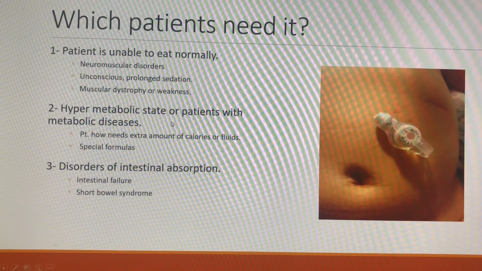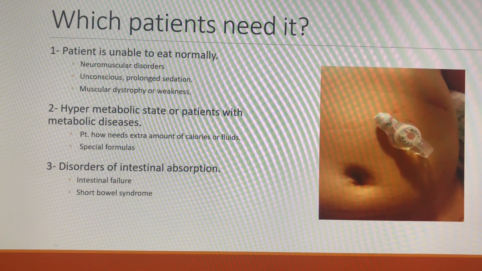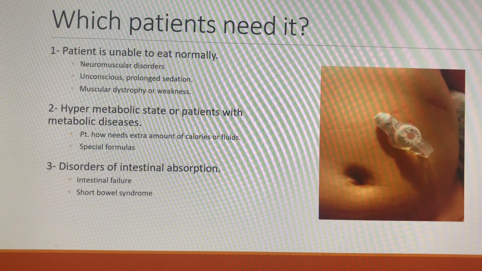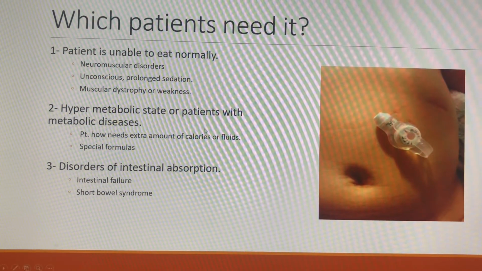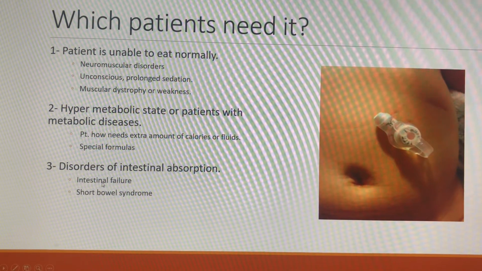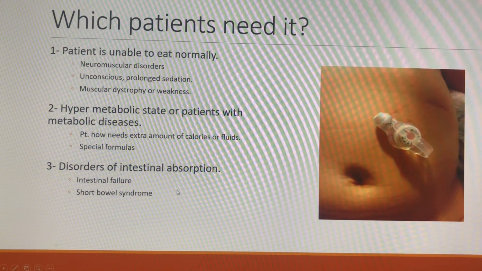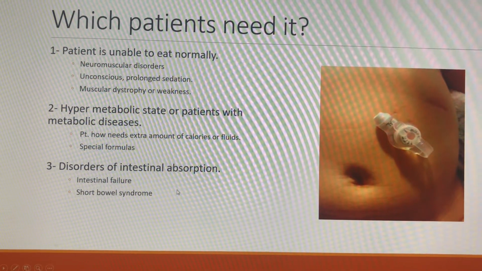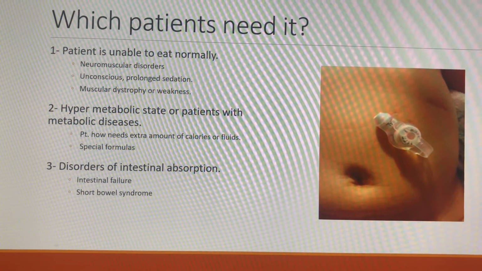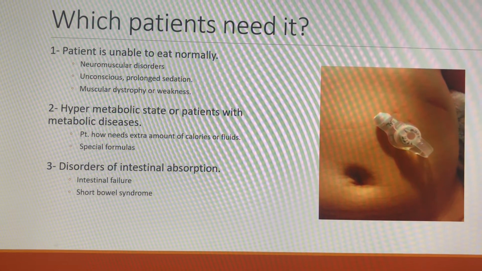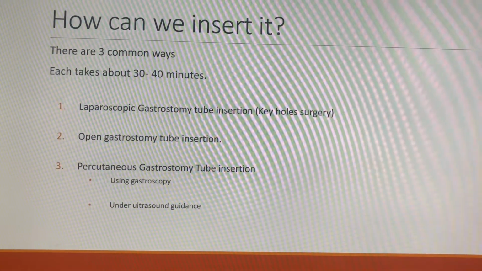Those patients may require special formulas or extra amounts of calories and fluids that they cannot keep up with by normal oral intake. The third category is disorders of intestinal absorption, such as intestinal failure or short bowel syndrome, who again require special formulas and special techniques of feeding that we cannot do and monitor by oral intake.